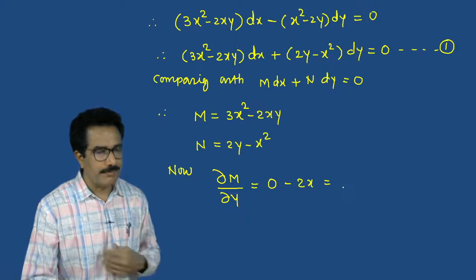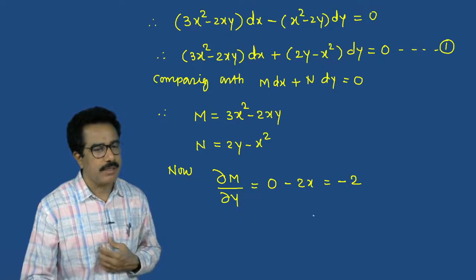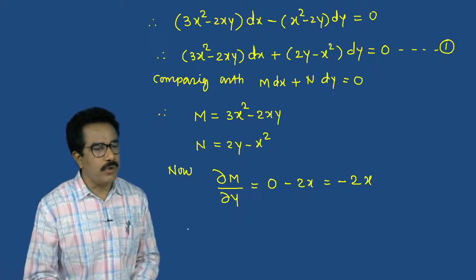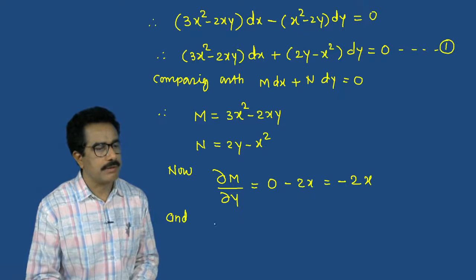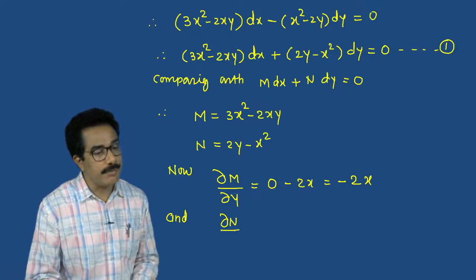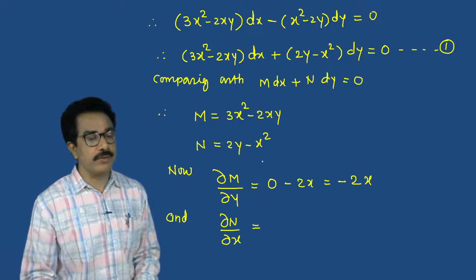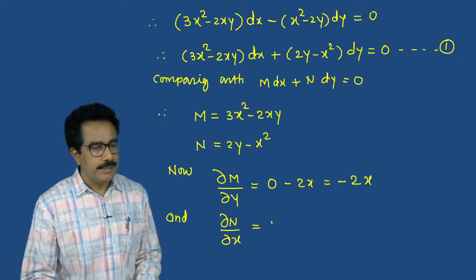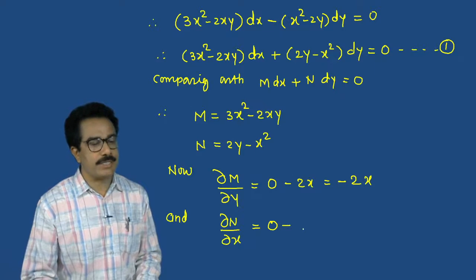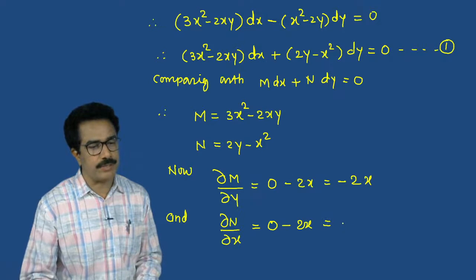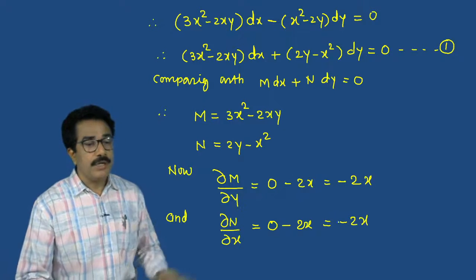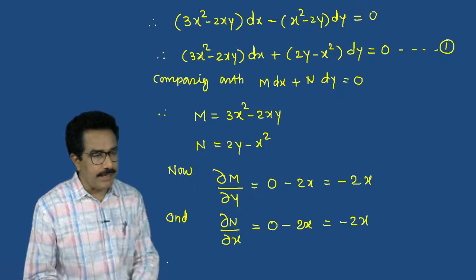Is that correct? Minus 2x. And ∂N/∂x equals, now take the derivative of N with respect to x: 0 minus the derivative of x², which is 2x, so it equals −2x.